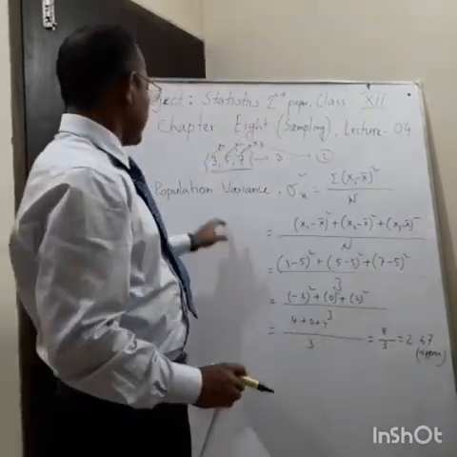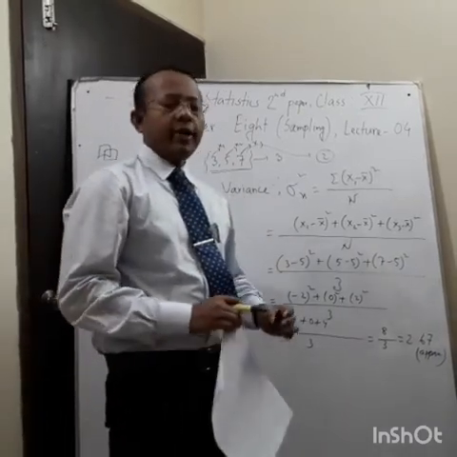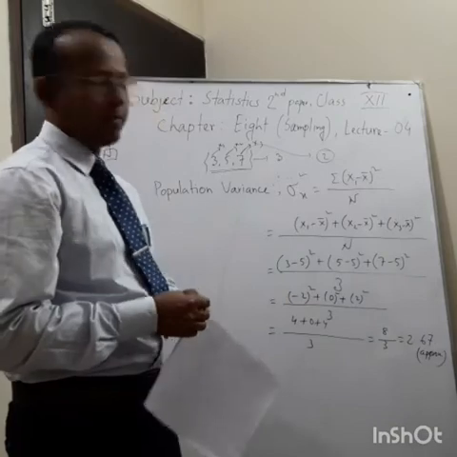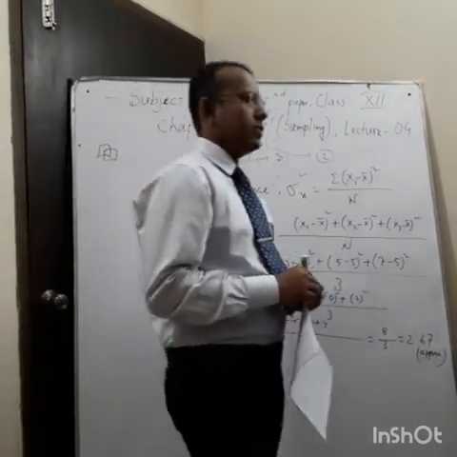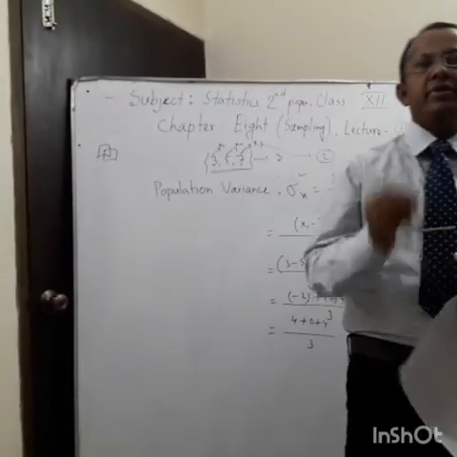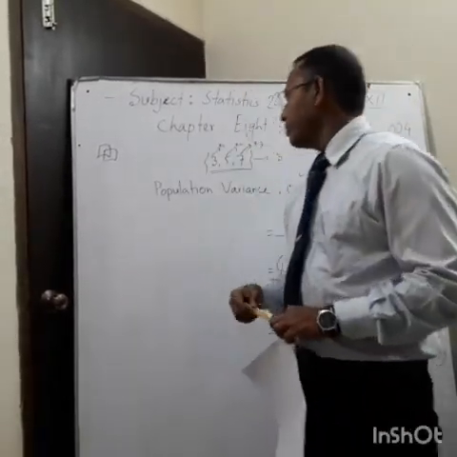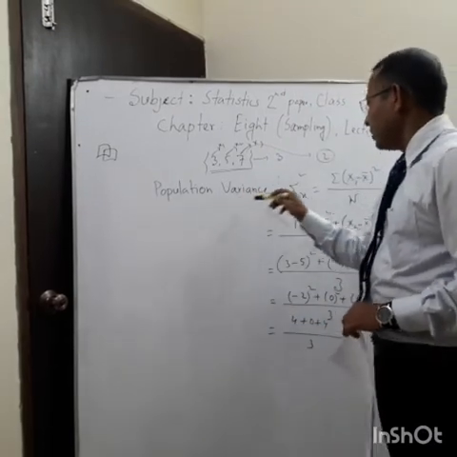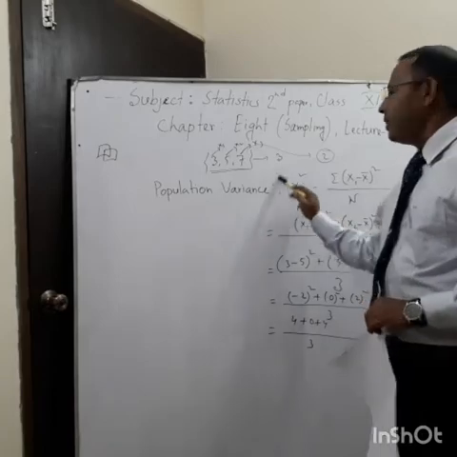So the required population variance is 2.67 approx. So if in a question it is mentioned to find the population variance, at that moment we will determine it this way, that is, this formula will be applied.